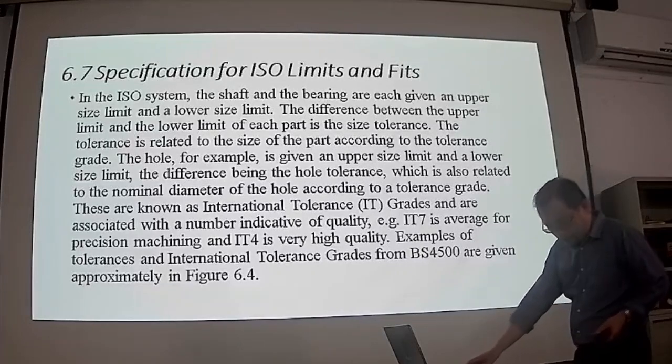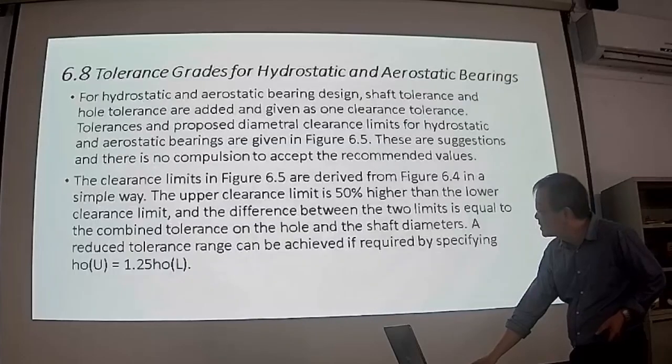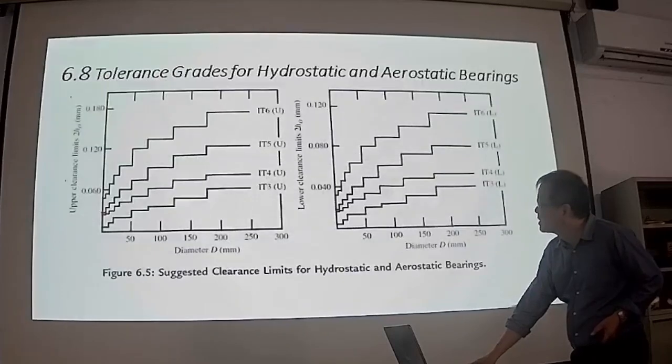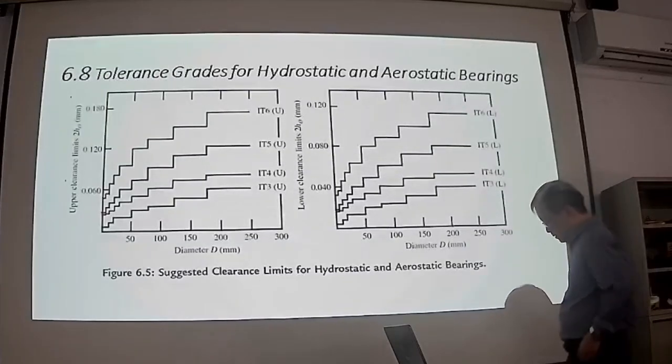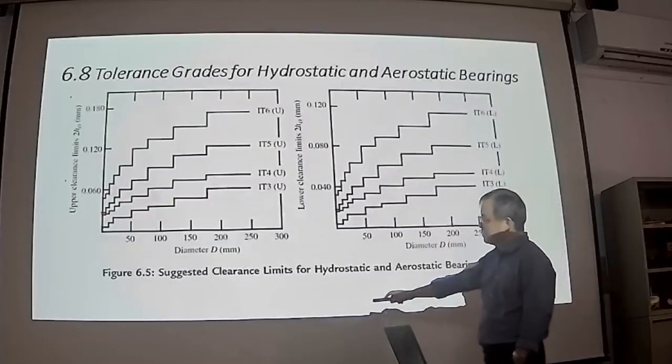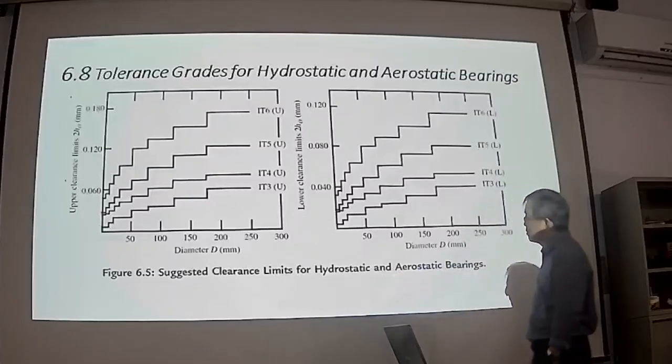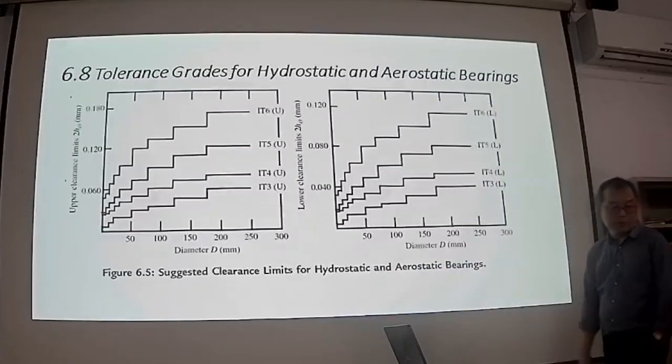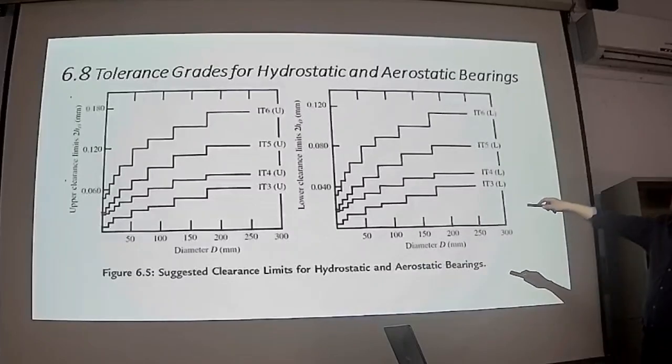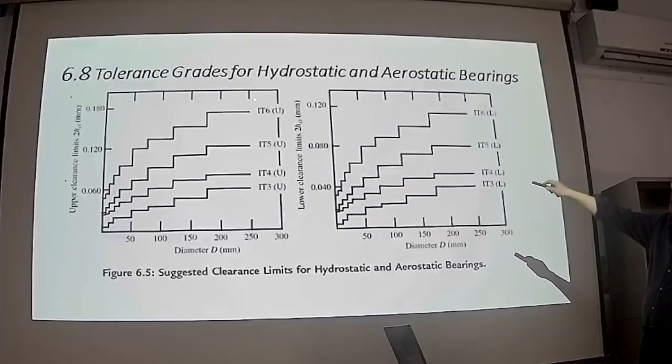Here we have some suggested clearance limits for hydrostatic and aerostatic bearing. So usually these tolerances will fall into four categories: IT3, IT4, IT5, IT6.